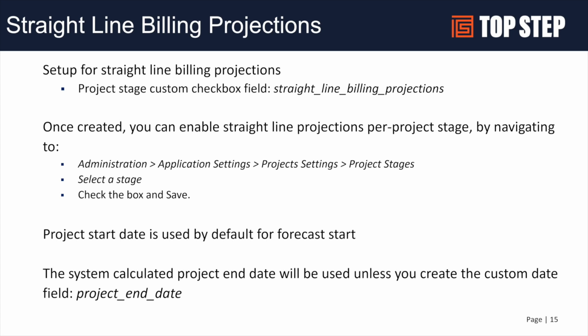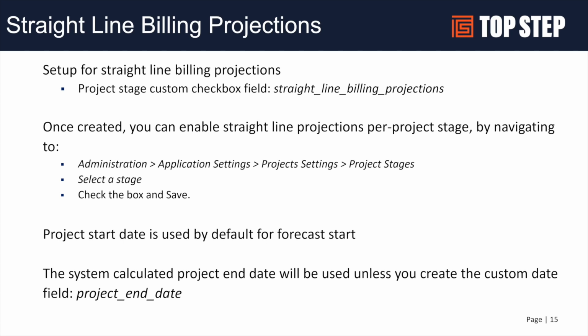So there is a custom checkbox needed on a project stage that allows you to determine in what stage you want the projections to create these straight line projections rather than using the standard projections. And then once you create the checkbox, you go in and create the stages to which you want to use this. This will then allow this to create those straight line projections in any projects within the stage.